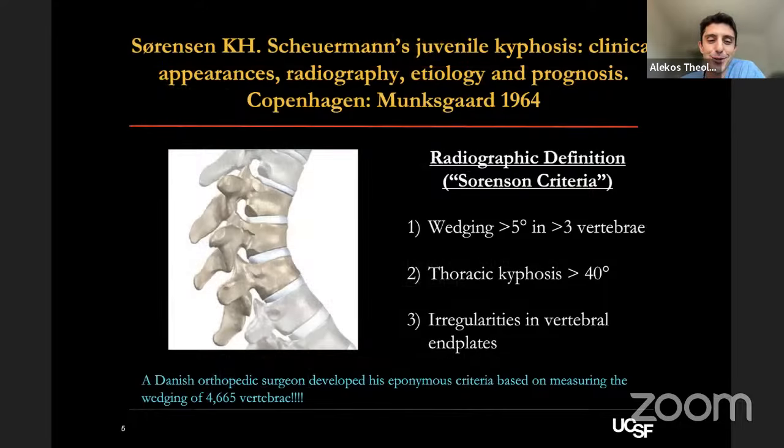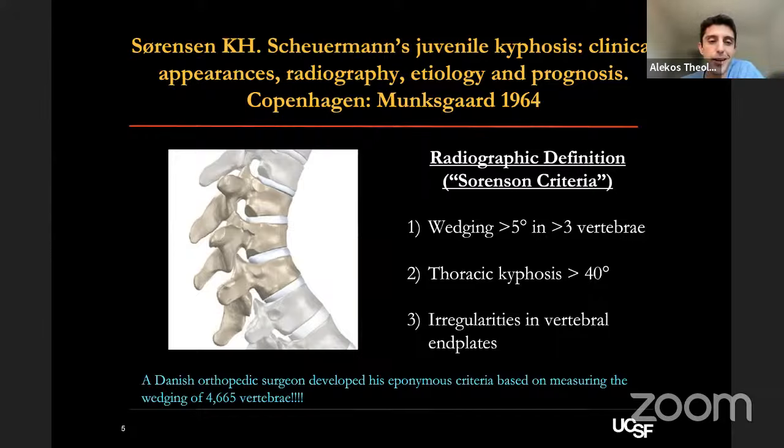Another Danish surgeon, Sorensen, provided us with some radiographic criteria that differentiated it from postural kyphosis. You can see the three criteria on the right: wedging greater than 5 degrees in 3 consecutive vertebrae or more, thoracic kyphosis of greater than 40 degrees, and then irregularities in the vertebral end plates, which is what Scheuermann originally had observed radiographically.